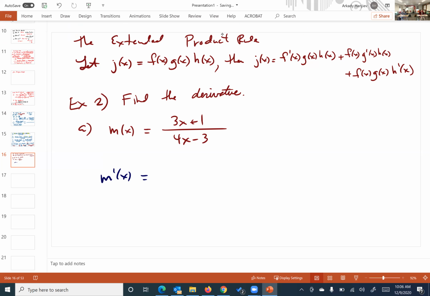This one clearly needs a quotient rule here, right? There's no other way to do this. So think back to our quotient rule. We have the derivative of the first, and what some students tend to do in the past, which is probably a good idea here, these are pretty easy rules, is they'll go over here and take a derivative of each one. What is the derivative of 3x plus 1 anyways?